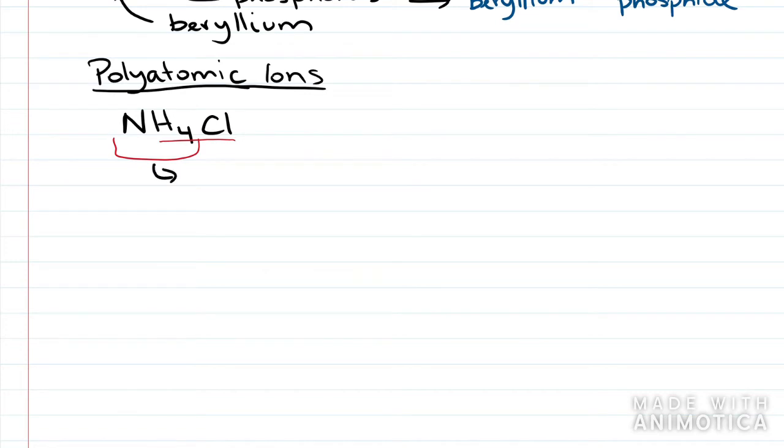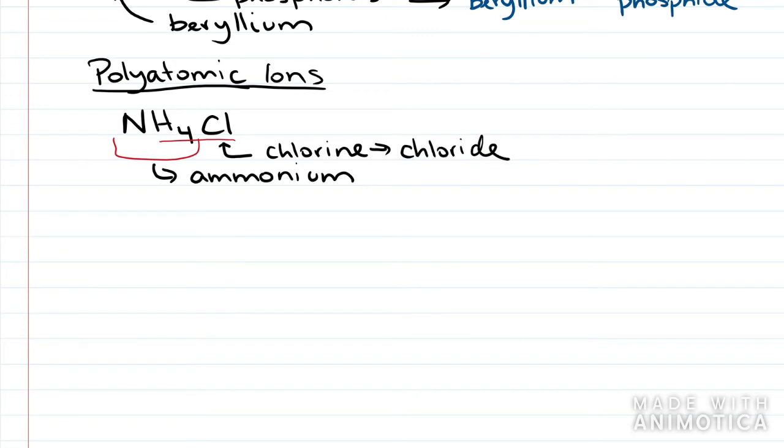It's ammonium, our only positive polyatomic. And then what is our Cl? Well, chlorine. But what do we call it? We call it chloride. So this is going to be ammonium chloride.